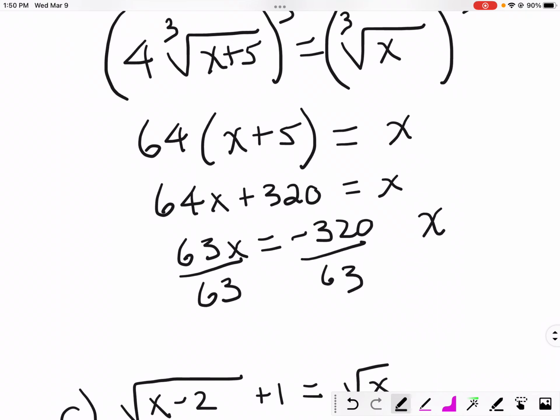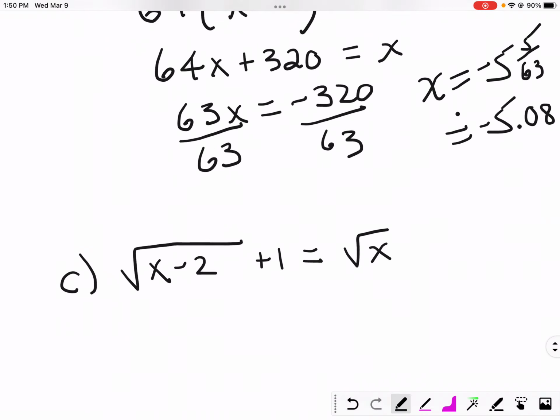And I will get that x is, when I put that in my calculator, negative 5 and 5/63. Or, if you want to write this as a decimal, it is, I believe, negative 5.08. And because it's a cube root, you do not need to verify because cube roots and cubing do not change negatives into positives. So unless you're asked, you do not need to show the verifying.